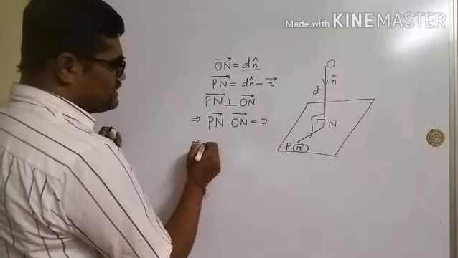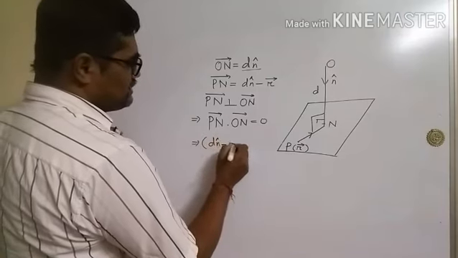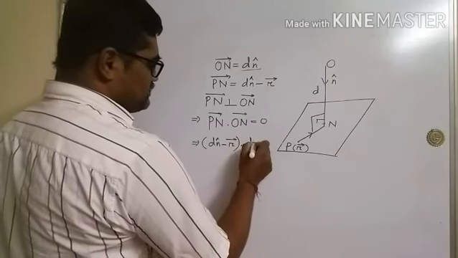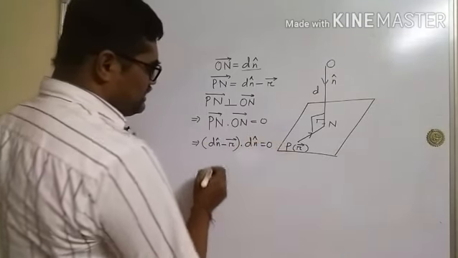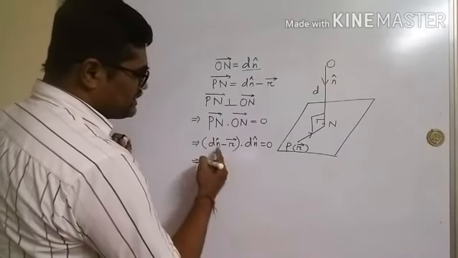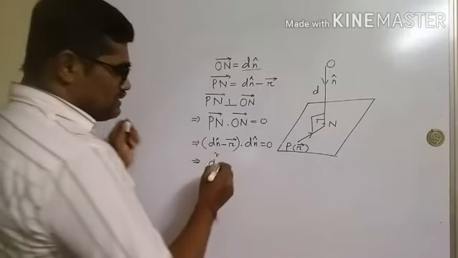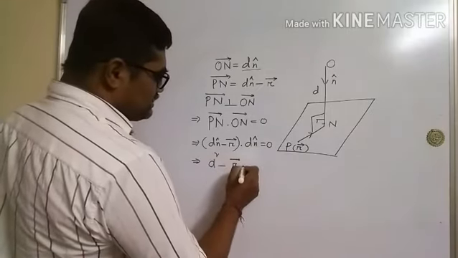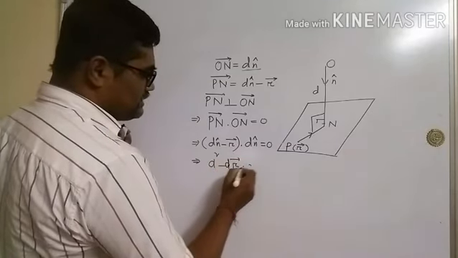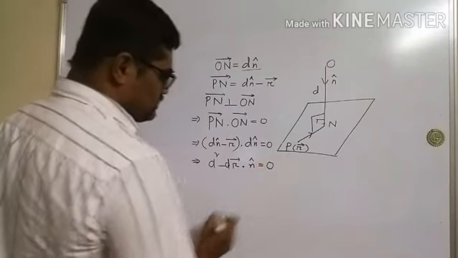If the dot product is 0, you put these particular values, I cannot say expressions, and then simplify this into d square, and then n cap dot n cap will be 1, and then r dot, d is a scalar, so I'll write here following the rules.